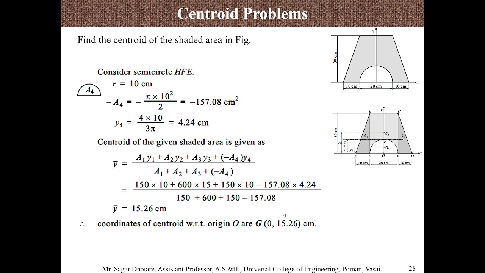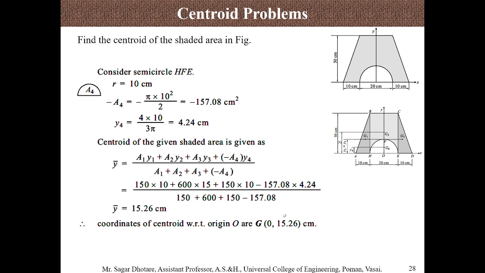To find the centroid, the equation is y bar equals a1 y1 plus a2 y2 plus a3 y3 minus a4 y4, divided by a1 plus a2 plus a3 minus a4.